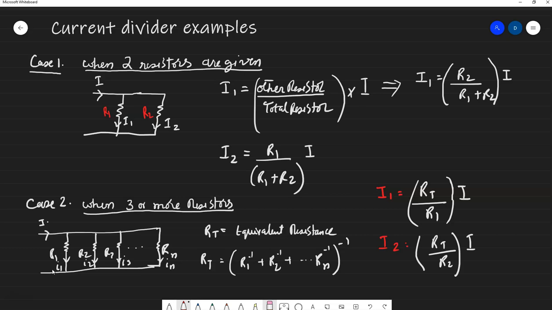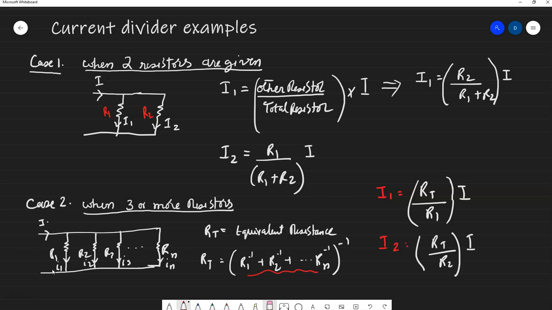If you're using a calculator, just use the inverse of R1 plus inverse of R2 plus inverse of R3, and so on, up to the inverse of the last resistor. Whatever sum you get here, inverse the answer. It is very easy to do with your calculator. So you first have to find out the total equivalent resistance of this parallel circuit.